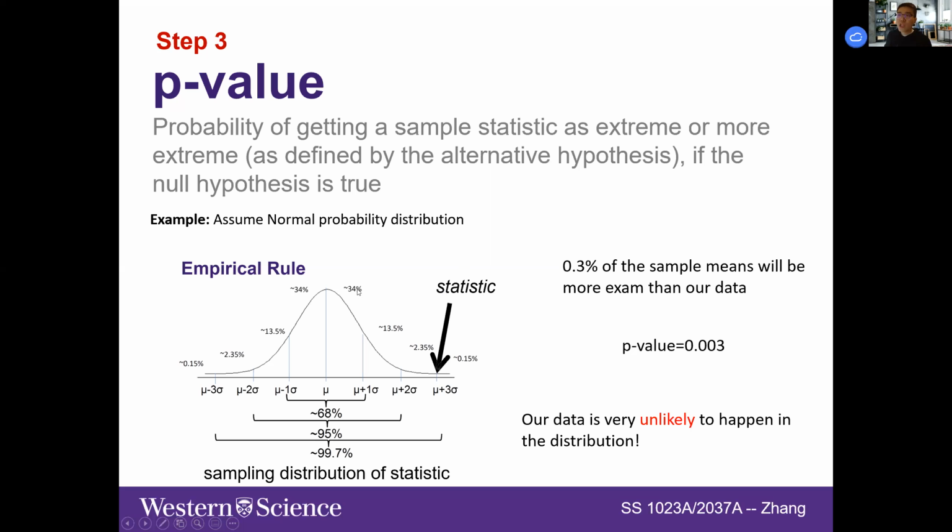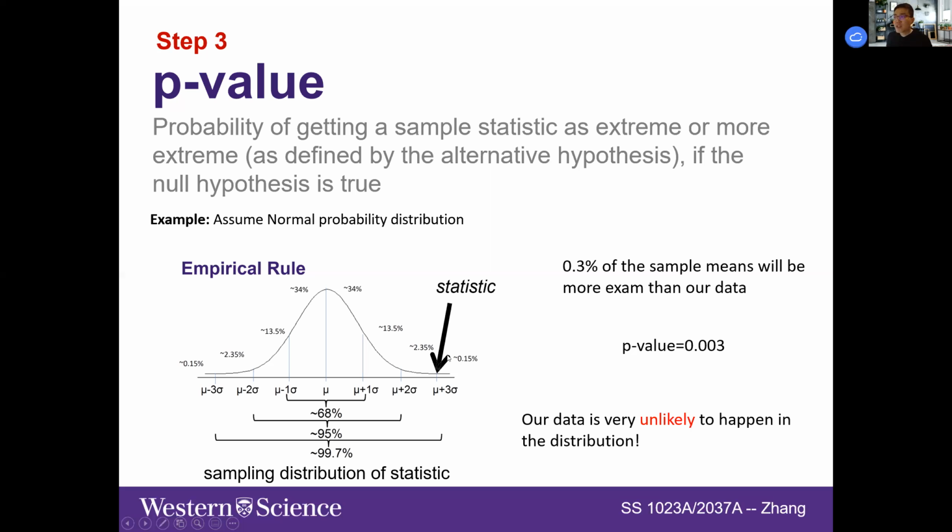To tell that, we can just apply our empirical rule, right? That will be given by this region. And remember, our hypothesis is two-sided, so we should also consider this region. Because if you get a negative 100, although it's negative, it is actually more extreme than our case. So we also need to take this region into consideration.